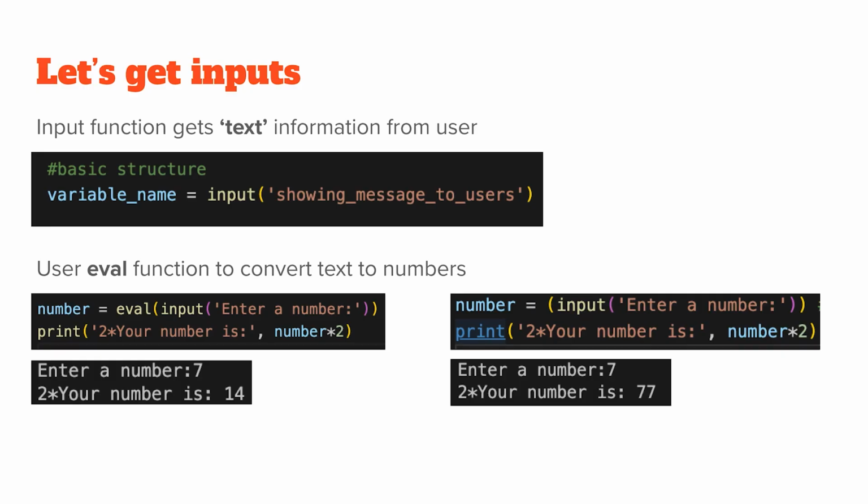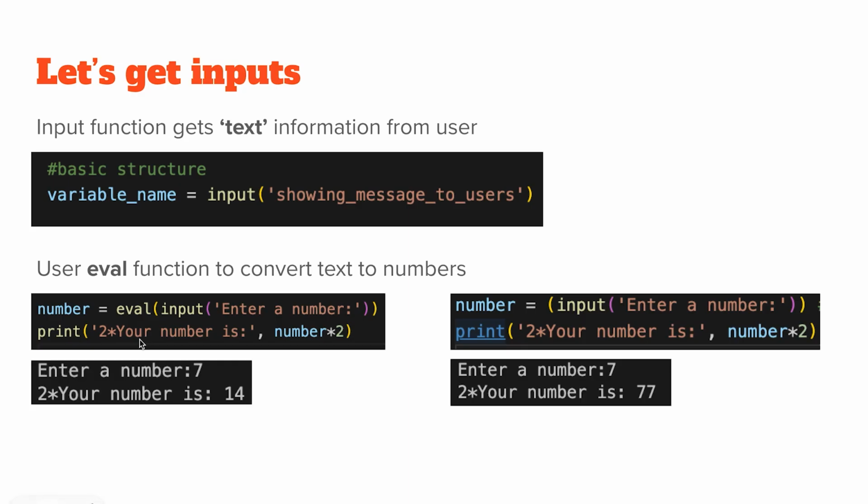If you want to store a number and do math, use the eval function, which is another built-in function, to convert the input. So if you use the eval function after you get the input from the user, then you can convert the text to a number and store it in number in this example. If you don't use the eval function, it'll still be text.